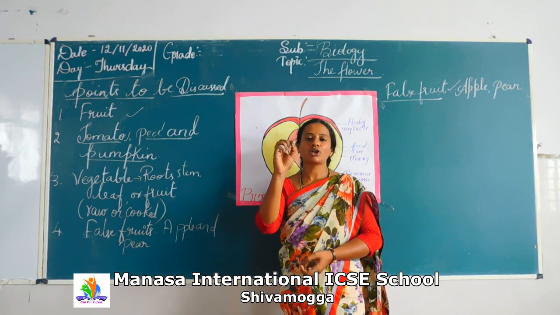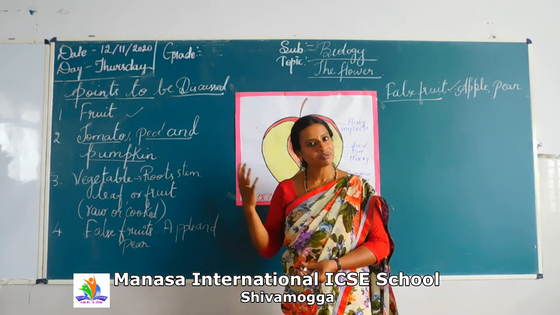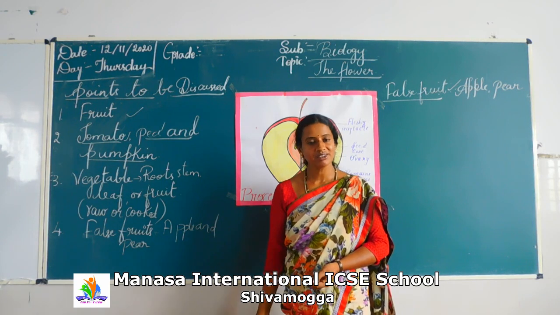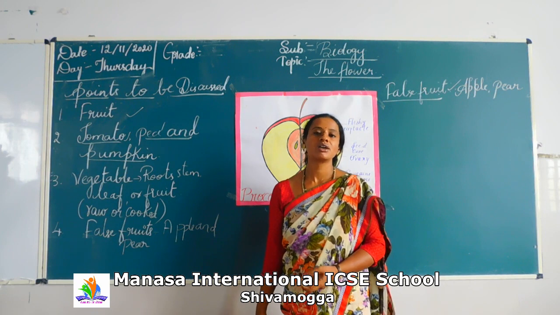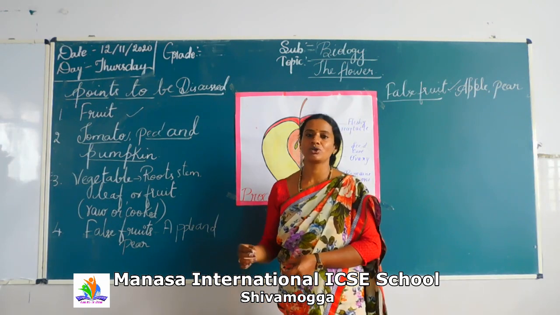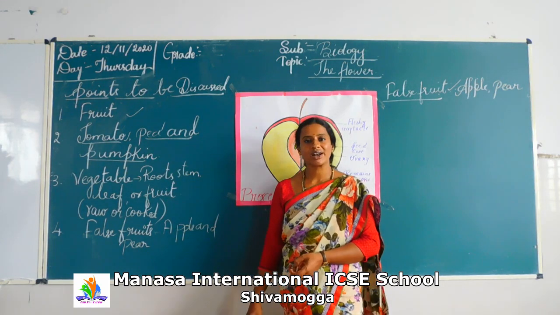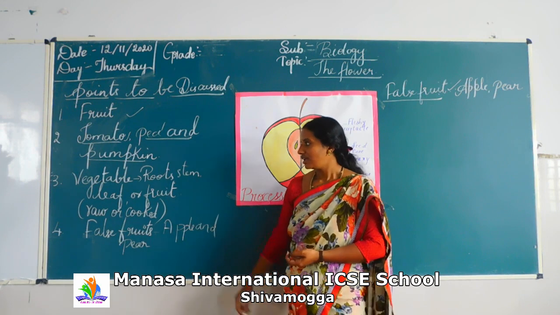The flower part of the pumpkin plant develops into the pumpkin. And hence, even though we categorize them under vegetables, when we see botanically or technically, we can categorize them as fruits.